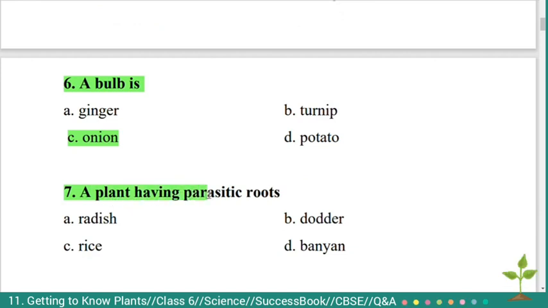Seventh question, a plant having parasitic roots. Option A. Radish, B. Dodder, C. Rice, D. Banyan. Here the correct answer is option B, dodder. A plant having parasitic roots, dodder.